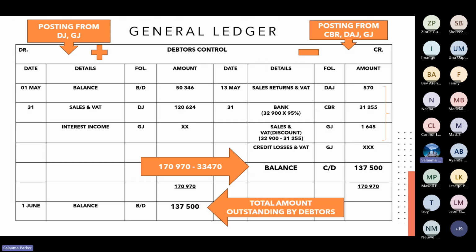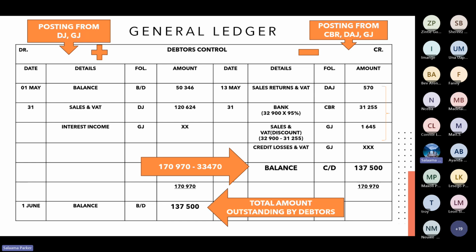Right. So the general ledger, I know most students always found the general ledger a bit challenging, but try to understand it more like a story. Try to tell yourself what is happening to my debtors control account in the books of my business. I'm the bookkeeper, posting from my subsidiary journals to the general ledger.